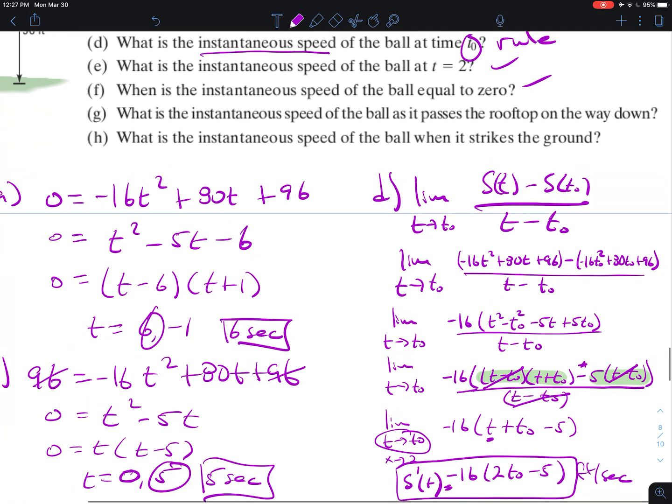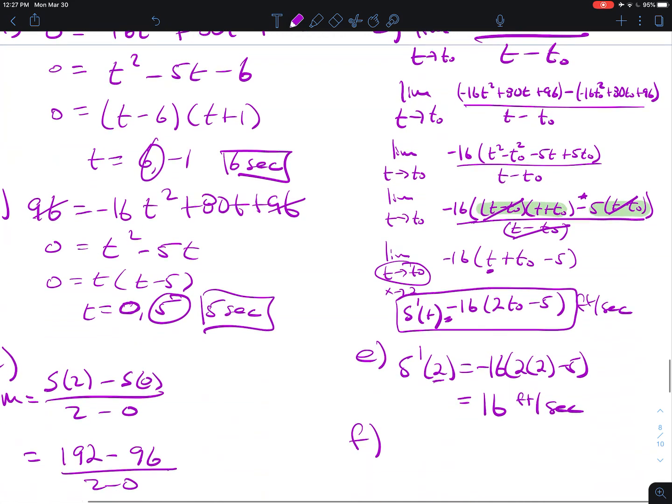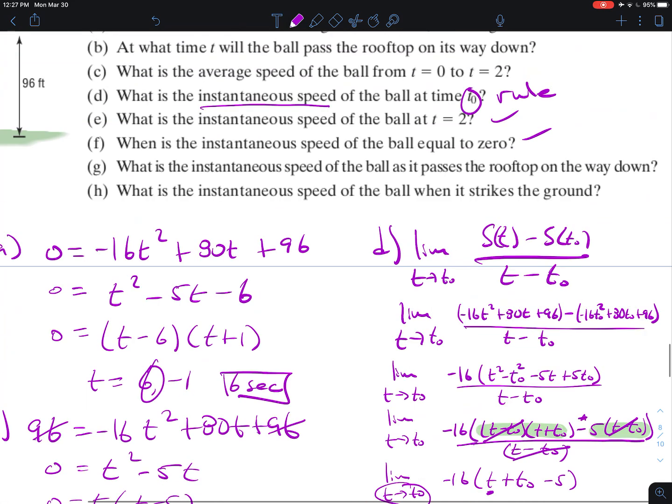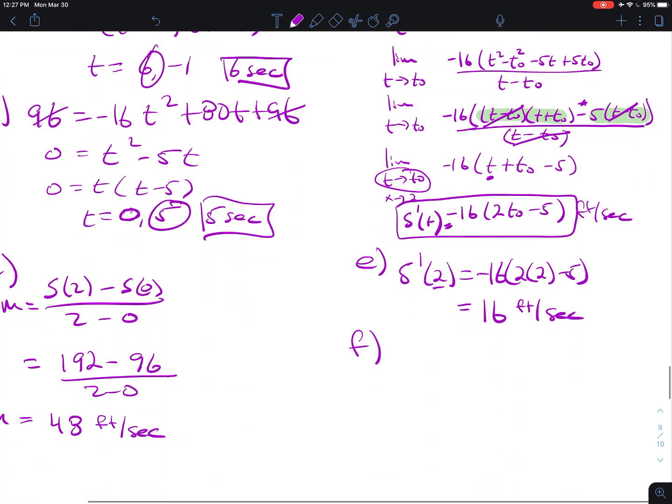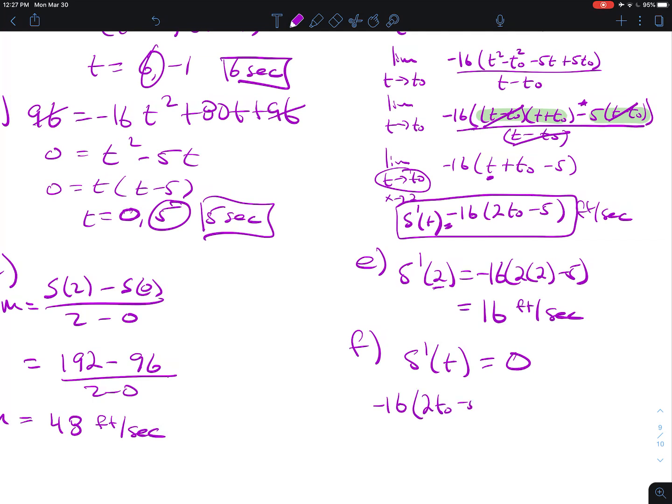Question F is, again, the same question, but when is the speed of the ball equal to 0? So actually in this problem, we're going the other way. We're trying to find t when S prime of t is equal to 0. So that rule I developed, negative 16 times 2t minus 5 equals 0.